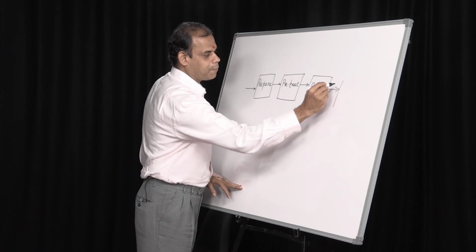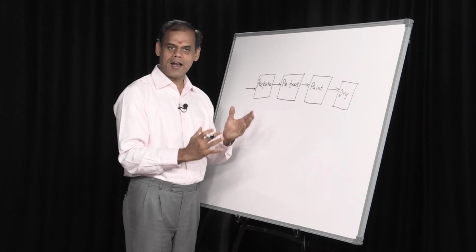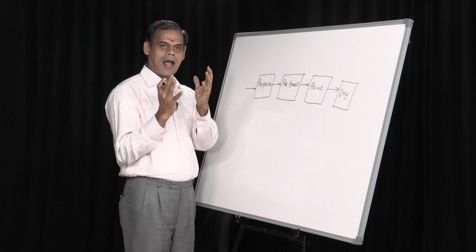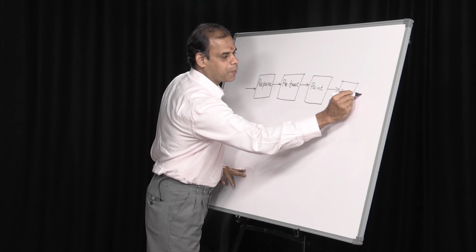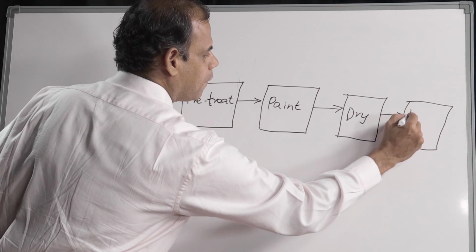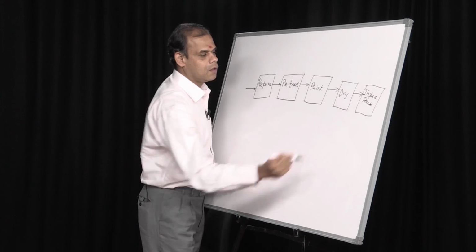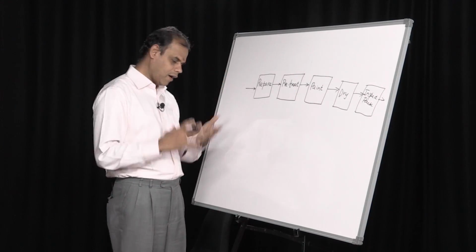So, the next step in this process is dry, and finally, after the toys are dried, it is inspected and packed so that it is ready for sale. So, the last step in this process, let me call it inspect and pack. And once that is done, the toys are ready for sale.